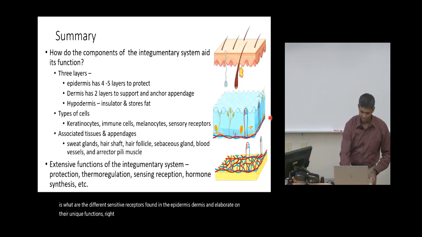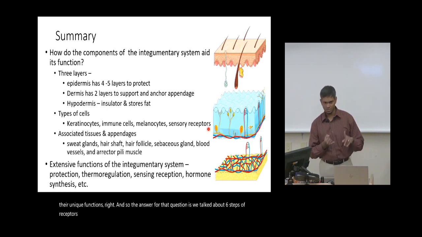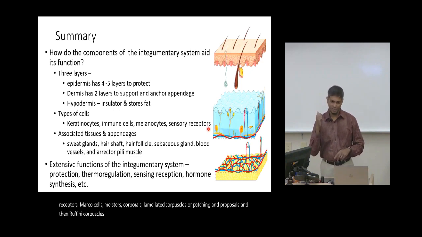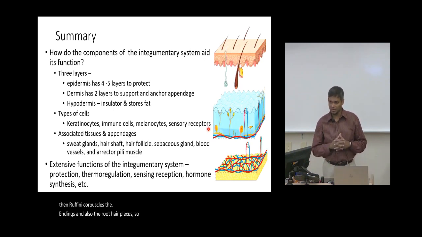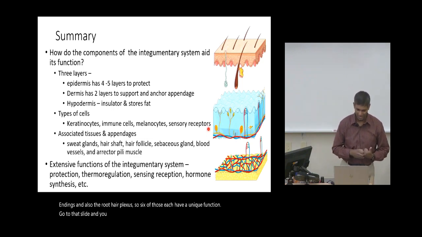And so the answer for that question is, we talked about 6 types of receptors: Merkel cells, Meissner's corpuscles, laminated corpuscles, or Pacinian corpuscles, and then Ruffini corpuscles, the free nerve endings, and also the root hair plexus. So 6 of those each have a unique function. Go to that slide and you will know that answer.